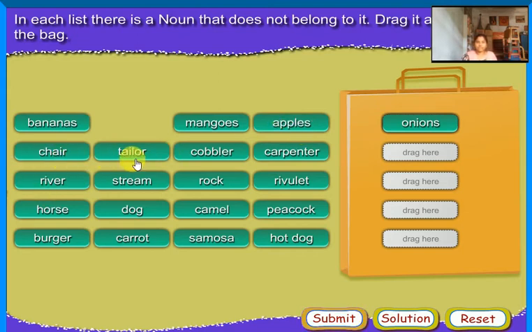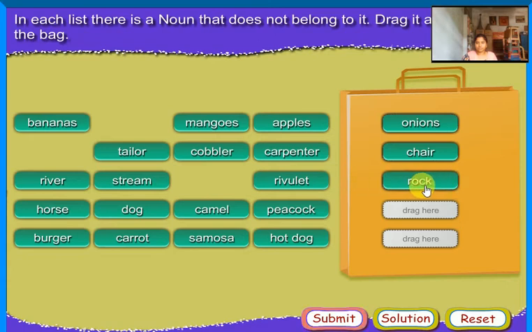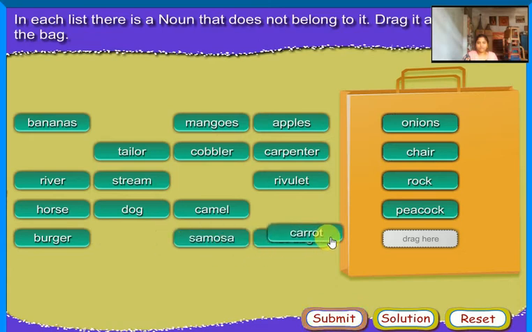Chair, tailor, cobbler, carpenter. Chair. River, stream, rock, rivulet. Rock. Horse, dog, camel, peacock. Peacock. Burger, carrot, samosa, hot dog. Carrot.